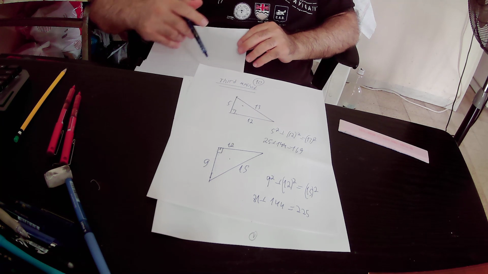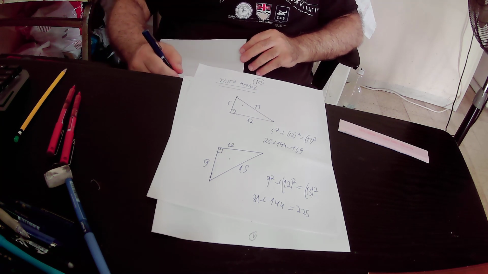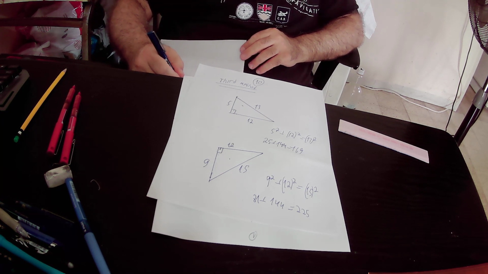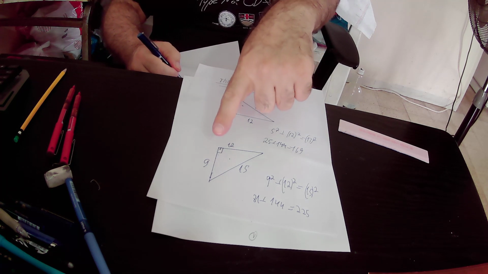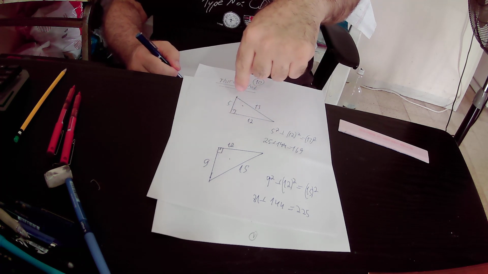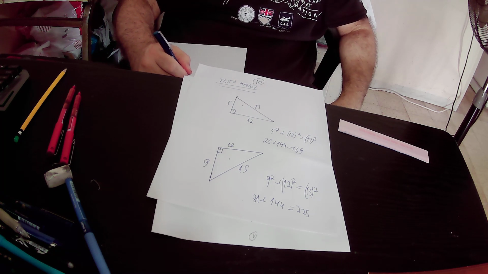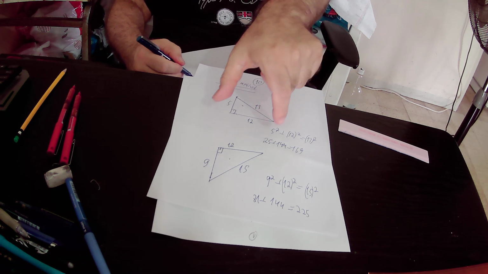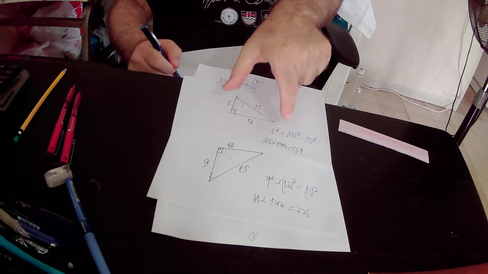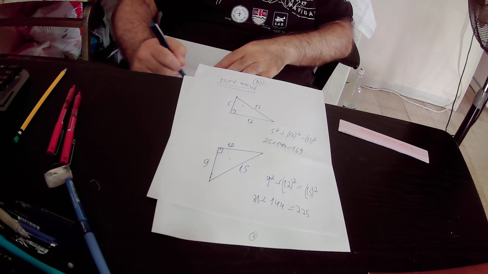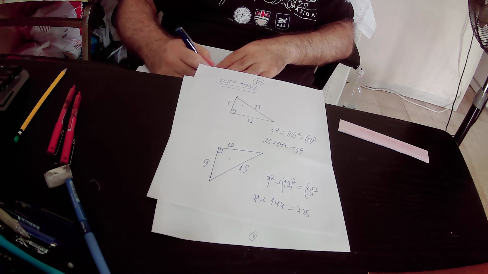And we know that the area of triangle ABC equals the base of the triangle, that is 5 plus 9 is 14. The base equals 14 units times the height of the triangle, 12 units, over 2 is the area of triangle ABC.